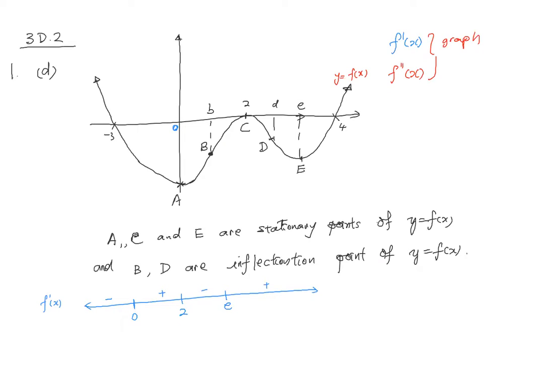So now I know where is my graph. Less than 0 is below the x-axis. Between 0 and 2 is above the x-axis. So now I'm going to draw my f double prime x sign diagram.